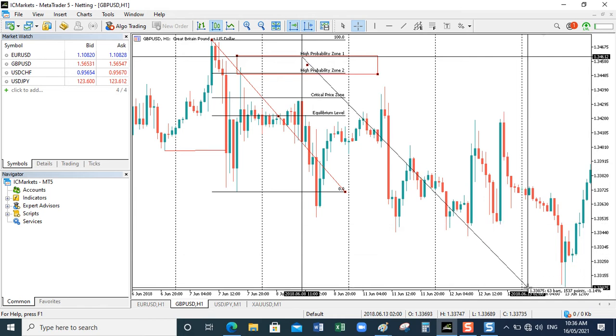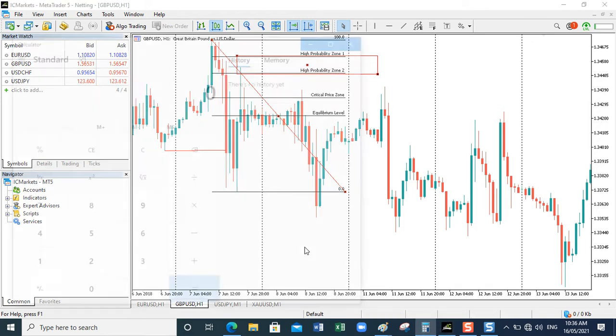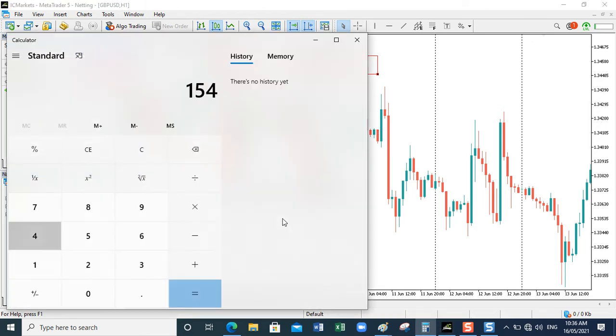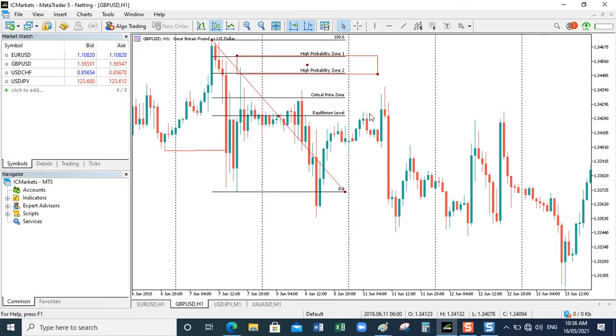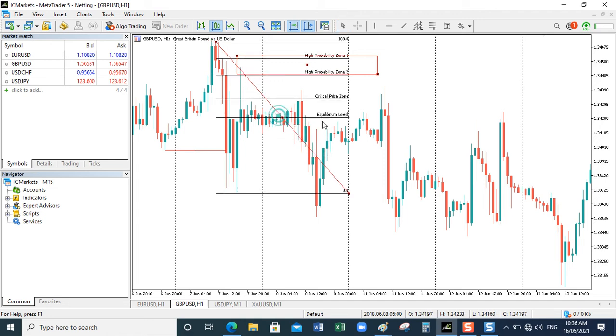That's almost about 154 pips. 154 pips divided by 10 pips, that's how much? Wow, that's almost 15 RR.